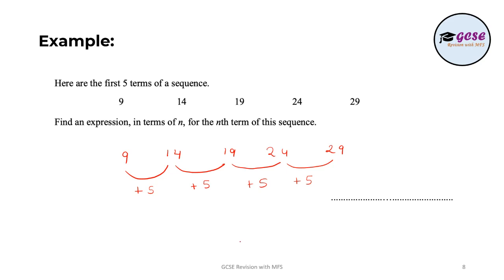Now, as you can see, the difference is plus 5 each time. It's the same each time. So that tells you that this is a linear sequence. And a really important point here is that a linear sequence has only one difference, which is the same each time.